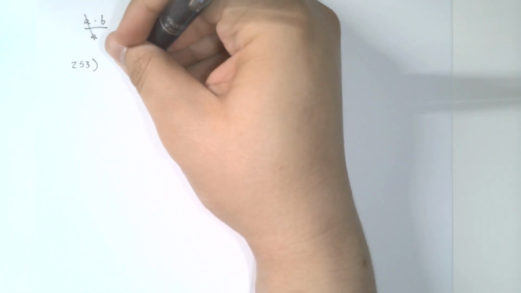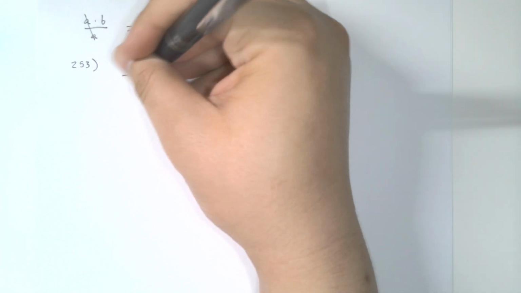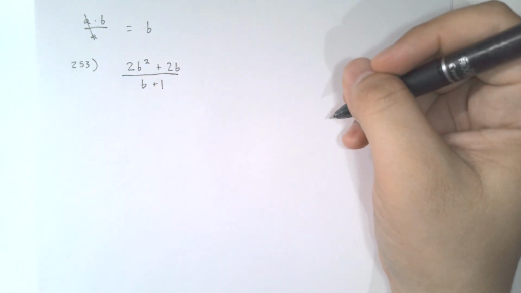So let's look at number 253. We have 2b squared plus 2b divided by b plus 1.